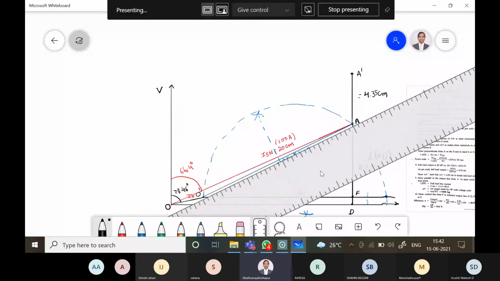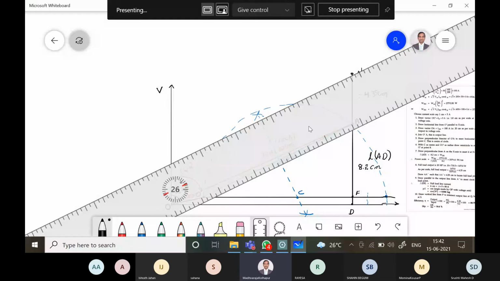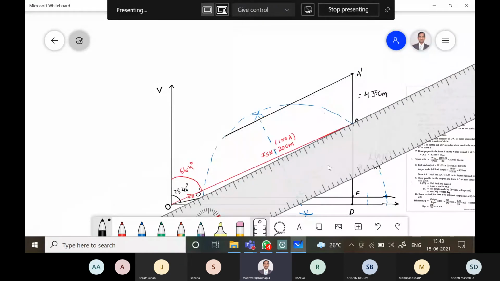Take your scale and draw the parallel line to the output line from point A dash. It will touch the semicircle at some point. That point is called P point.